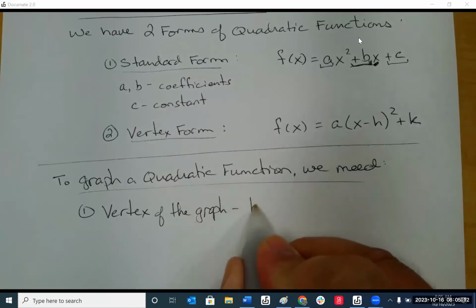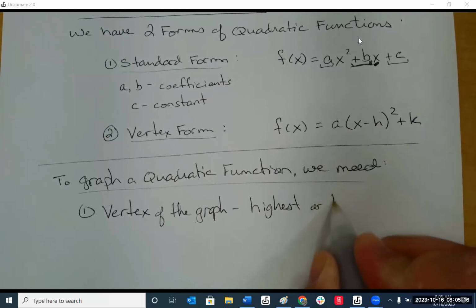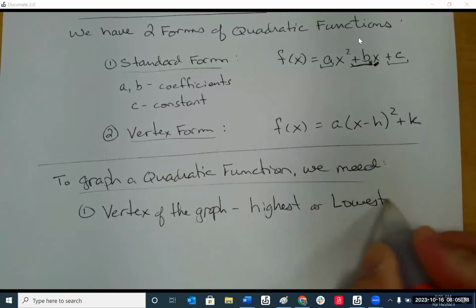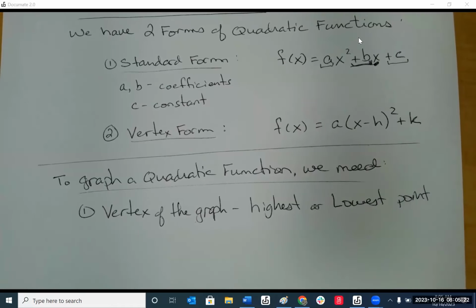The vertex is the highest or lowest point on the graph.